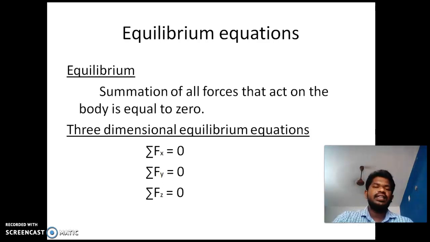Next equation, the summation of Fy equal to 0, the summation of all the forces in the y direction is equal to 0. Next, the third equation, summation of Fz equal to 0, the sum of all the forces in the z direction is equal to 0. If a number of forces act on a body and it satisfies the three equations, we say the body is in equilibrium.